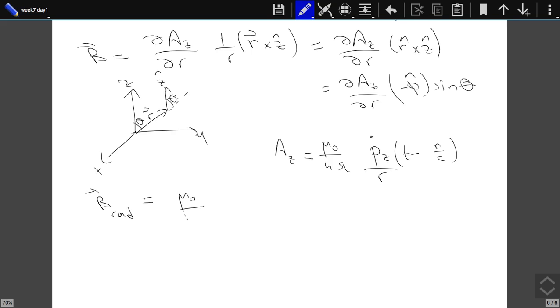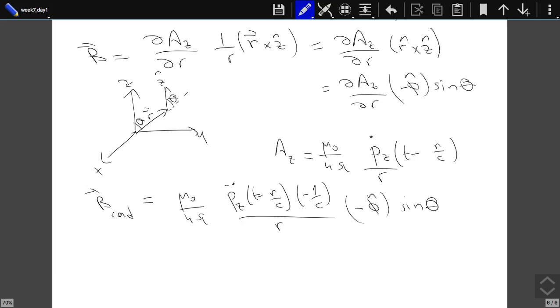mu0 over 4 pi, pz double dot at t minus r over c, times minus 1 over c over r, times minus phi hat, times sine theta.